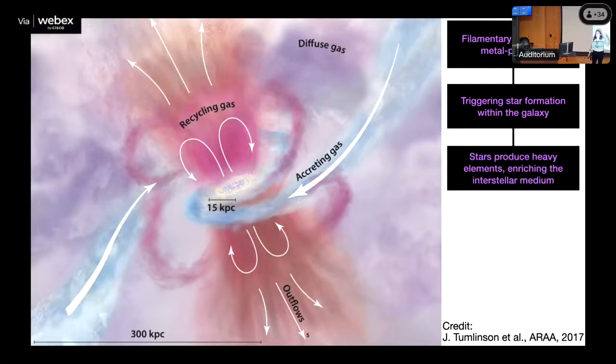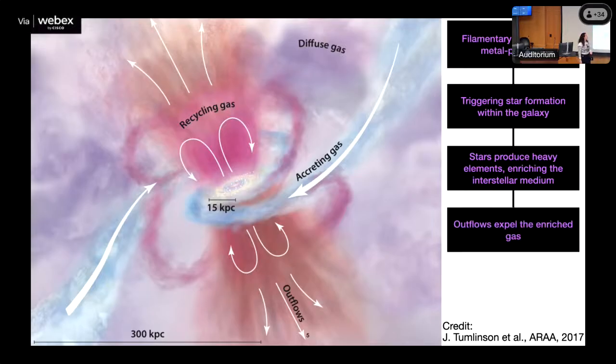This star formation produces stars, which themselves synthesize heavy elements and enrich the interstellar medium. And then this enriched gas is expelled through outflows driven by, for example, AGN or supernova feedback. And so these processes are not necessarily sequential, but they are all linked, and the baryon cycle describes them.